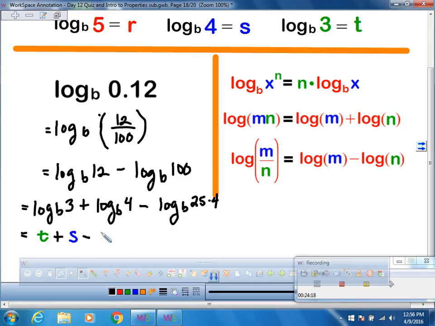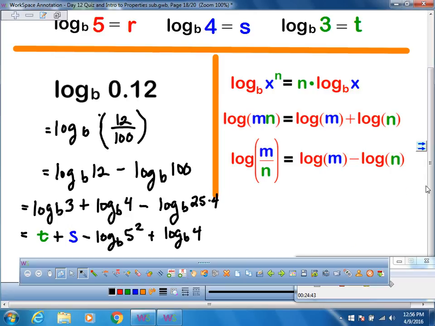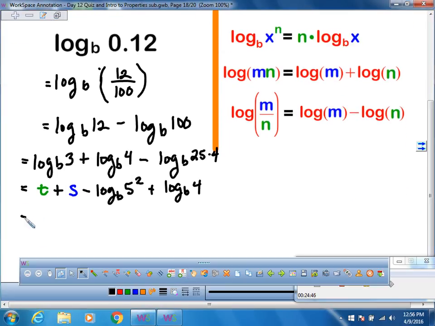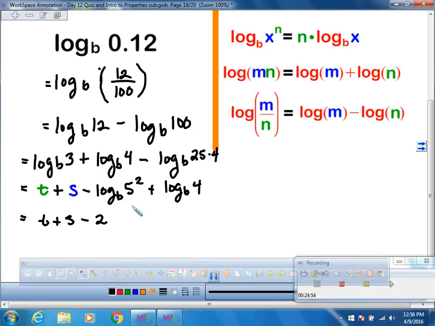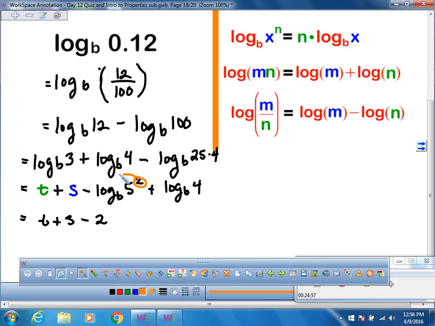Minus, let's rewrite this. We're going to use the product property and make this addition, 2 different logs being added, but at the same time, I'm also going to change this 25. So it's going to be log b 5 squared plus log b 4. Alrighty. So now I have a t plus an s minus 2, because I'm going to bring that 2 out in front.